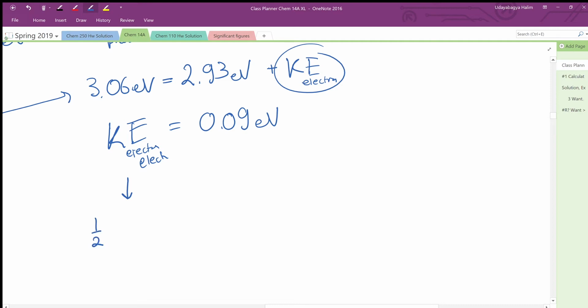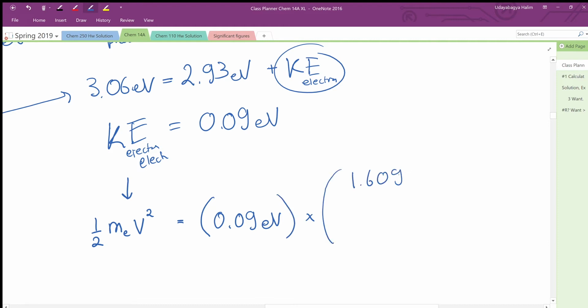The kinetic energy of the ejected electron is 1/2 times the mass of the electron times velocity squared. But this equation has to be written in joules, so you have to do a unit conversion. This is 0.09 electron volts times 1.609 times 10 to the negative 19 joules per 1 electron volt.